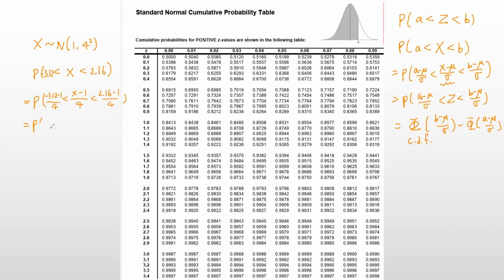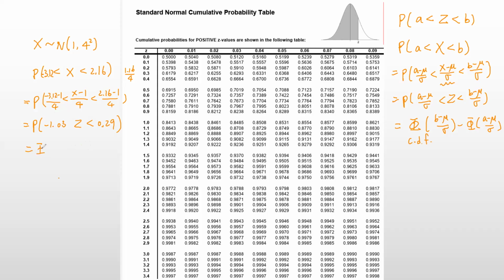So that equals the probability of Z, the standard normal random variable, between negative 4.12 divided by 4, which is negative 1.03, and 1.16 divided by 4, what is that? 0.29.